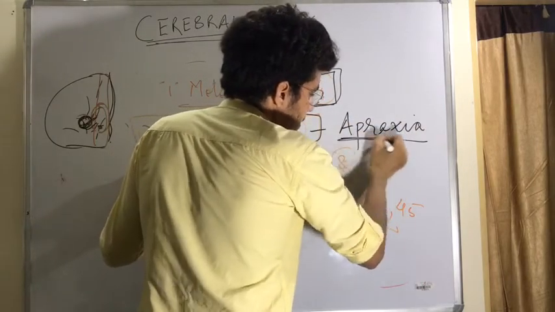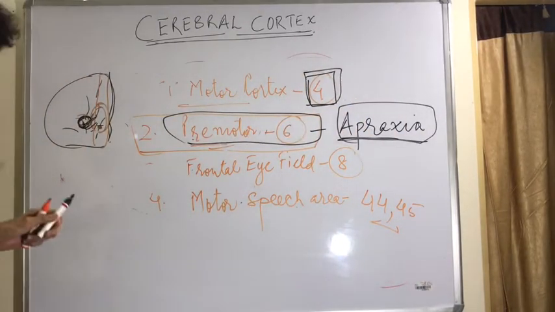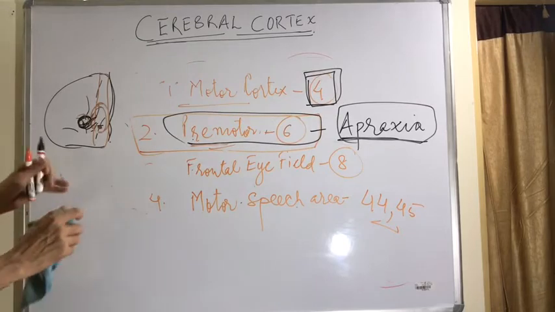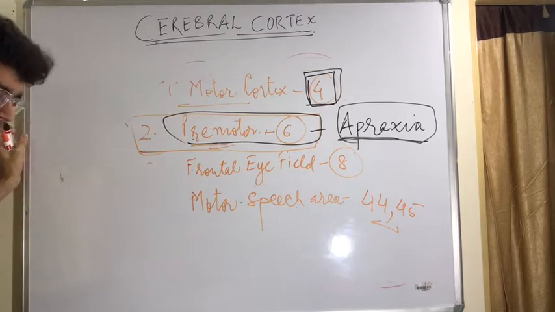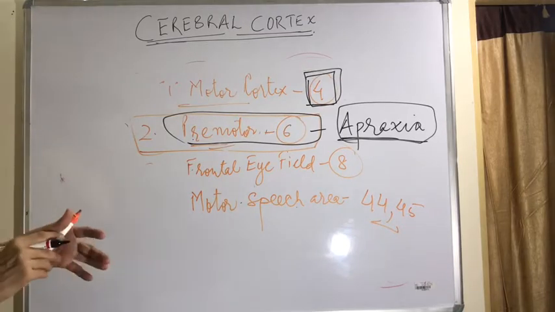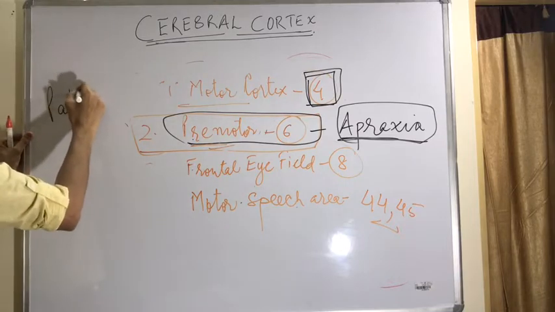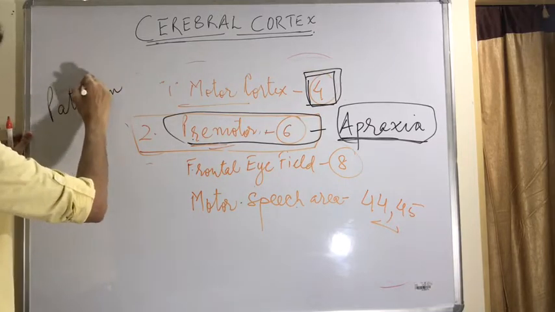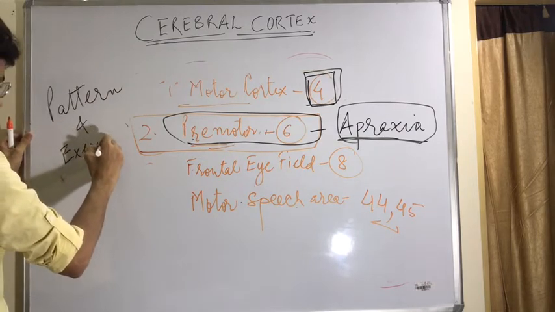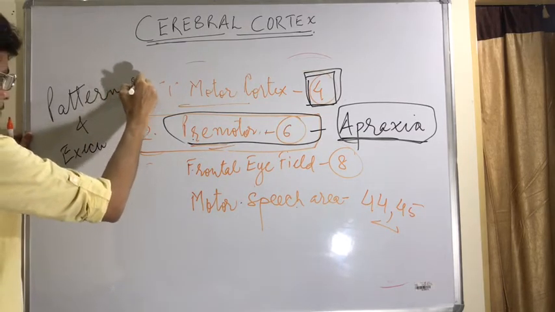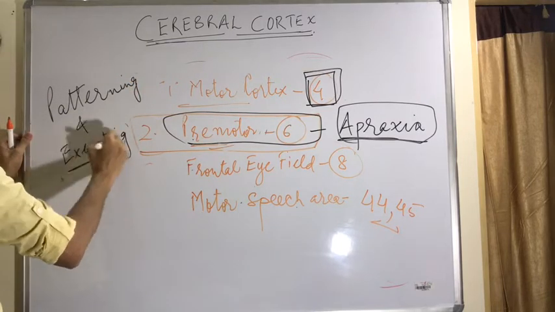Now what is apraxia? Apraxia means it's neither paresis nor paralysis. Apraxia means that the person is unable to pattern and execute a particular movement.